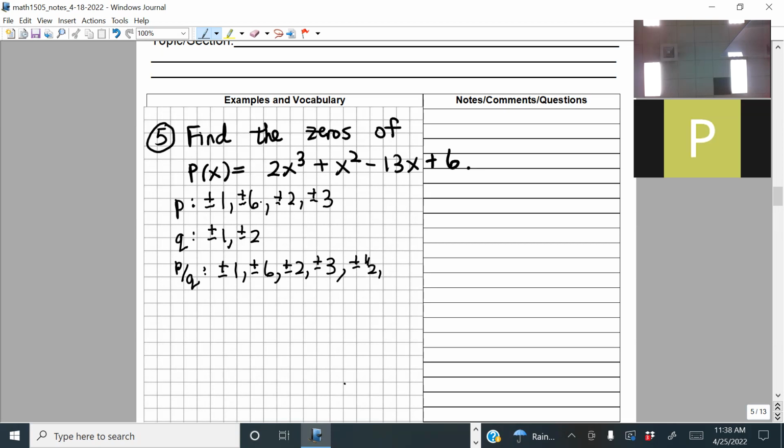And then I would have 6 over 2, but that's 3. We already have that one. Then we have 2 over 2, but that's 1. So we have that one written down. And then we have 3 over 2. So plus or minus 3/2. Oh, so that is 12 possibilities there. Sounds like a lot, but that's better than infinitely many possibilities. So we have something to work with here.